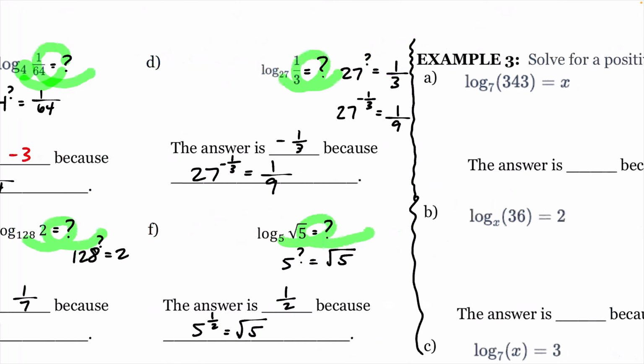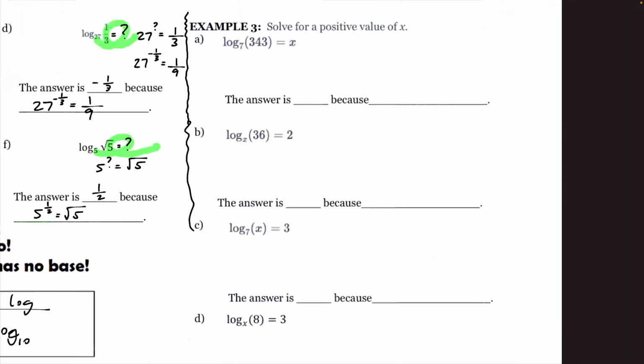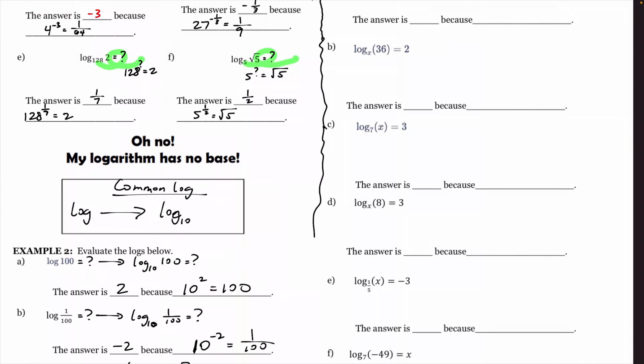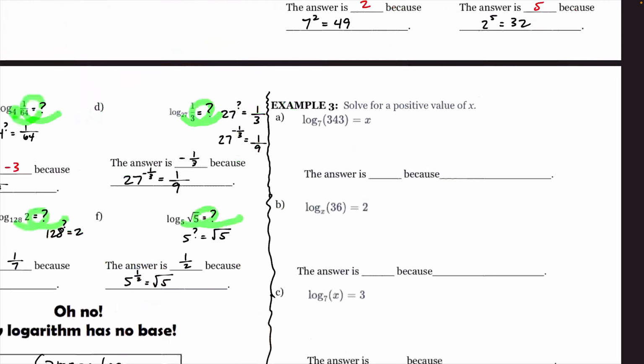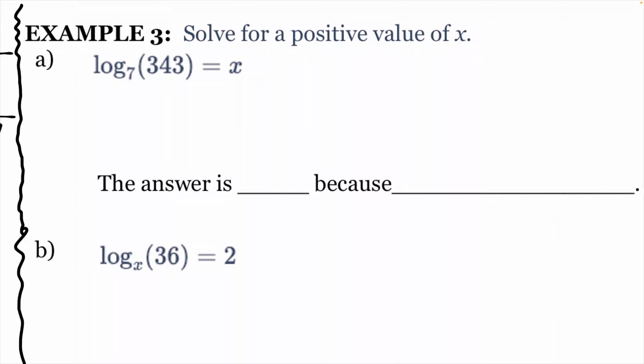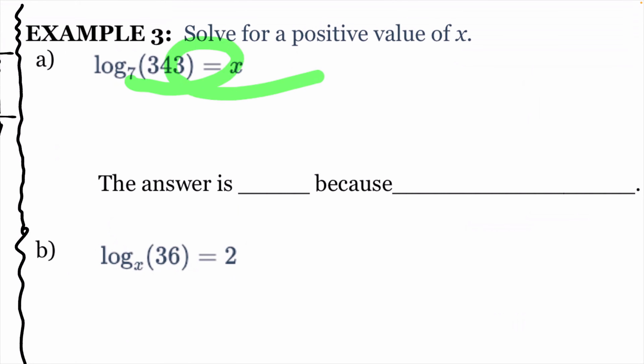All right, let's do the last group of problems. Number 3. What part's missing? Exponent. So let's rewrite it. It should be 7 to what power equals 343. So what missing power?